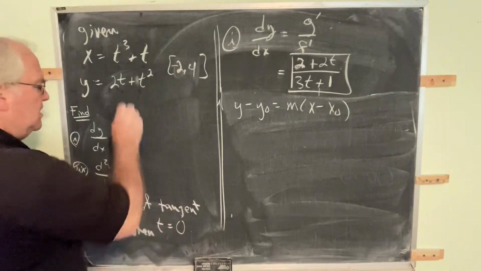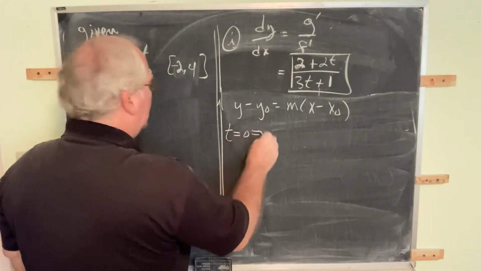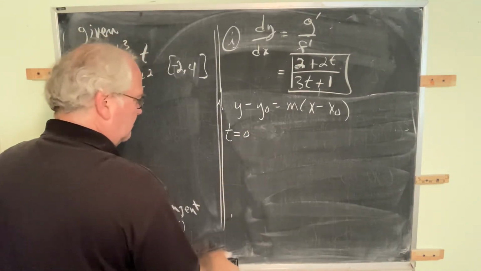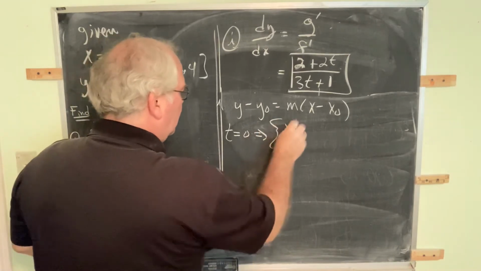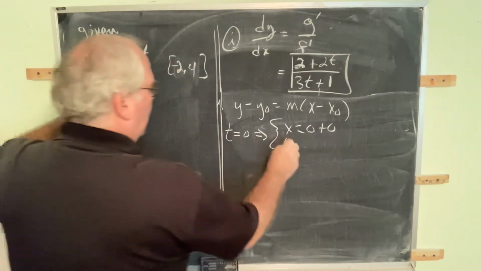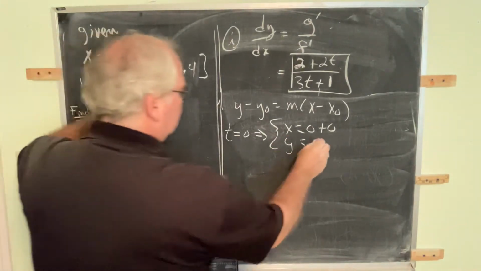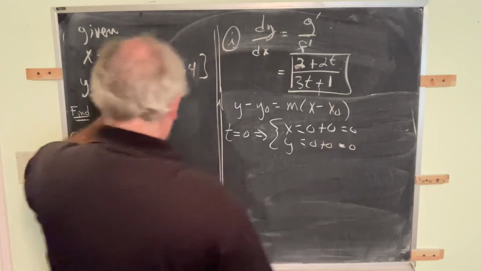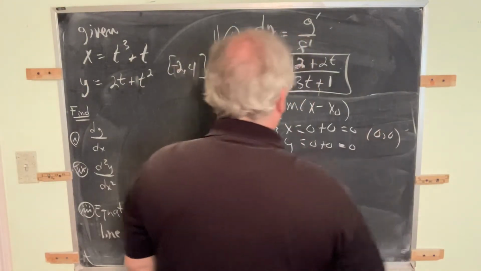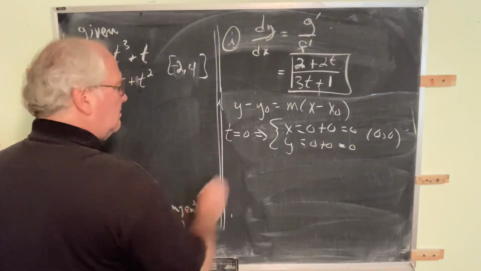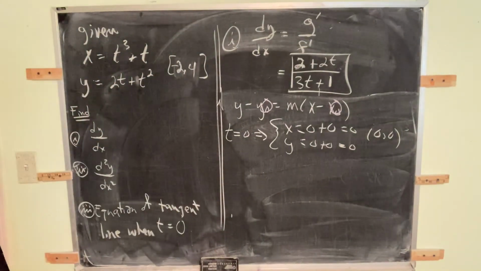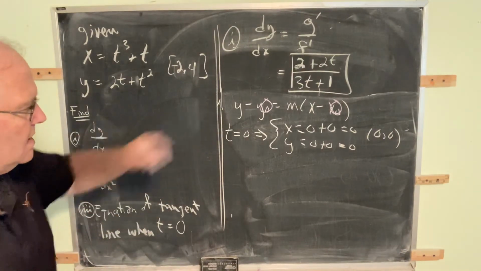So if t is equal to 0, x is equal to 0 plus 0, and y is equal to 0 plus 0. So when t is equal to 0, this is at the origin. So that term is 0, that term is 0. All we need is the slope of the tangent line evaluated when t is equal to 0.